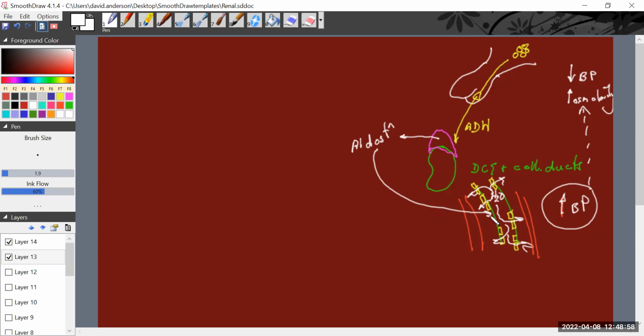And sodium goes out, and the water will follow the sodium. So in that case, it's sodium. Right? And we said the chloride ion is going to go that way. And then in the other direction, hydrogen ion and potassium ion. There's an exchange really going on there.